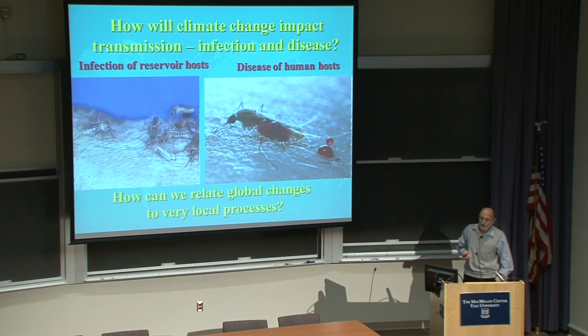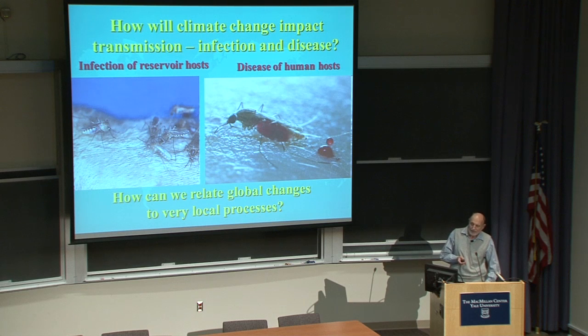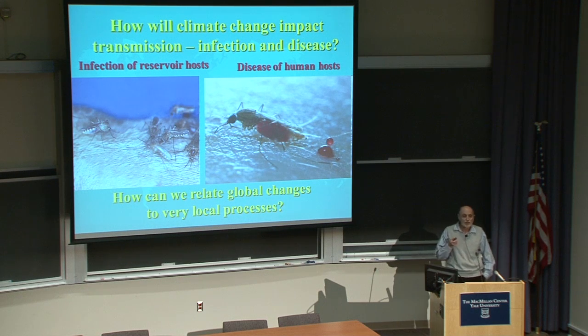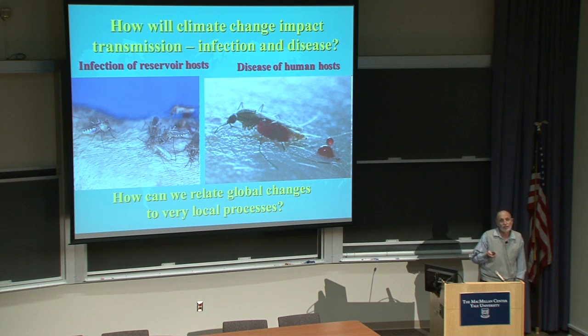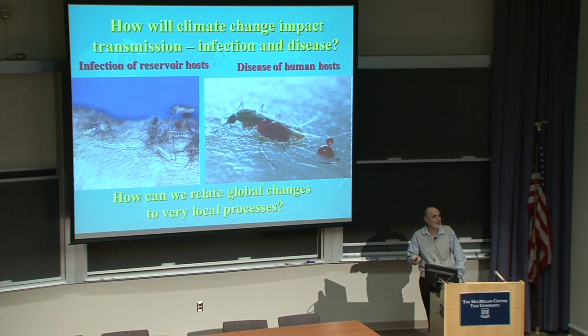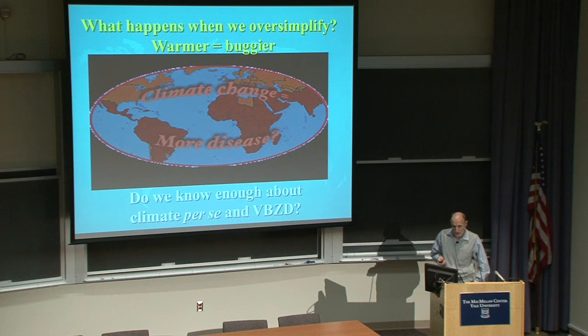So the question of how will climate change impact transmission, infection, disease is really a question, at least initially, of how to relate global changes to very complex local processes. And I think Matt gave a good example of how we are trying to downscale those global factors in order to explain what is happening locally.